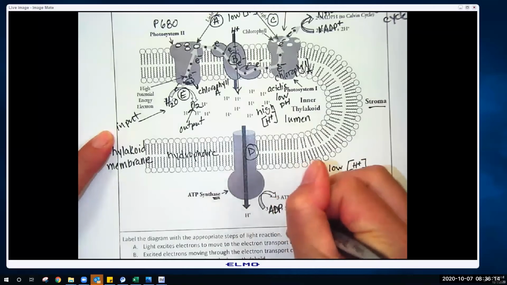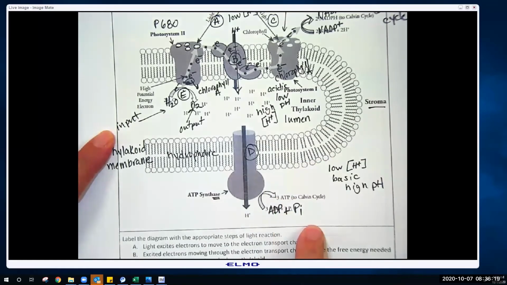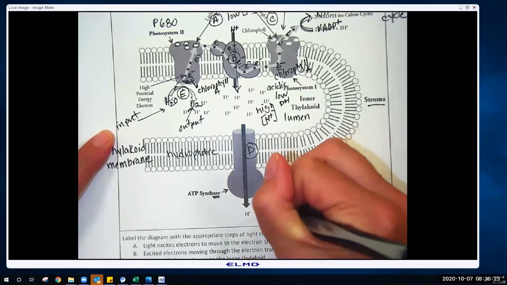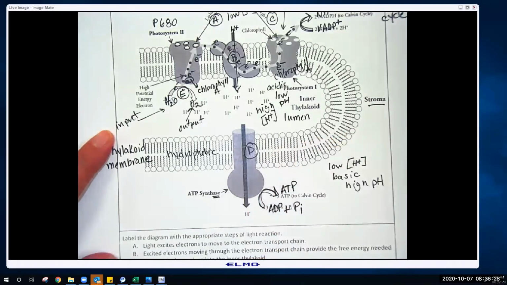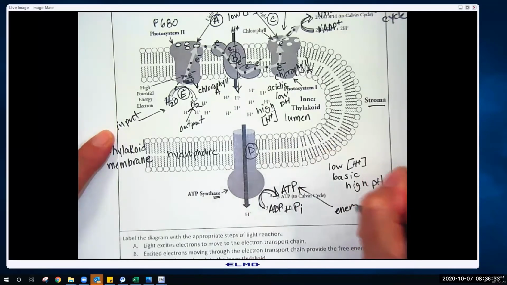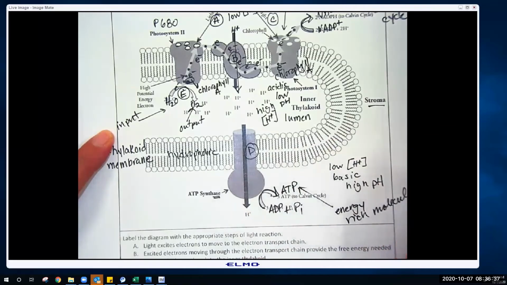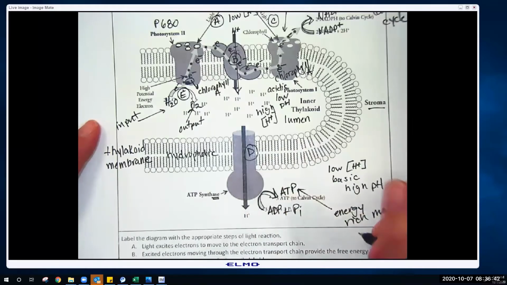They take ADP, they add phosphate, that Pi stands for inorganic phosphate, and it attaches the phosphate onto ADP, so it phosphorylates ADP to make ATP. And this is our energy-rich molecule. ADP will also move on to the Calvin cycle.